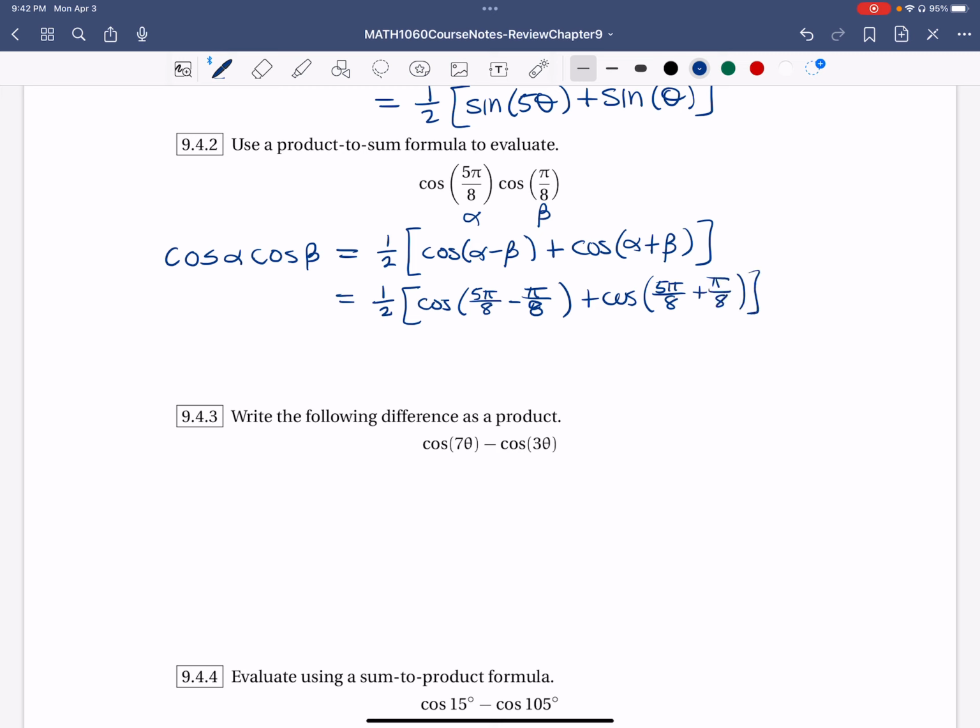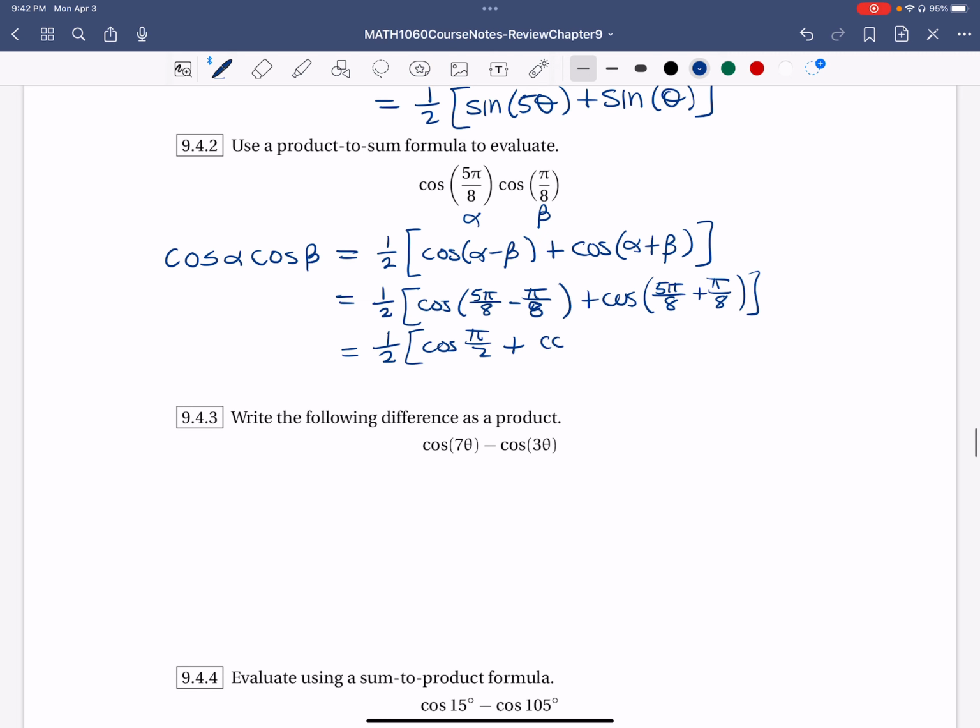Okay, let's think about what those are for a minute. 5 pi over 8 minus pi over 8 is going to give us 4 pi over 8, which is the same as cosine of pi over 2. And then the next one is 5 pi over 8 plus pi over 8. 6 pi over 8 is the same as 3 pi over 4.